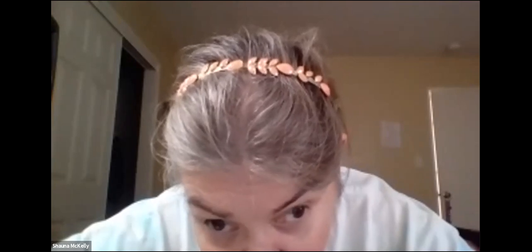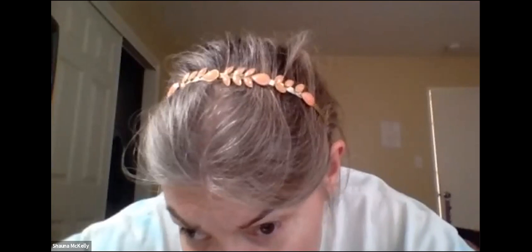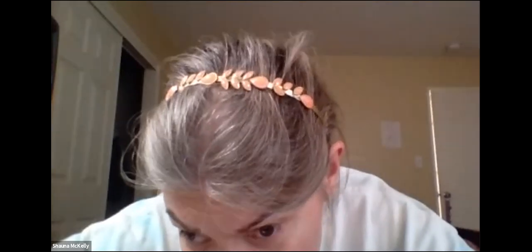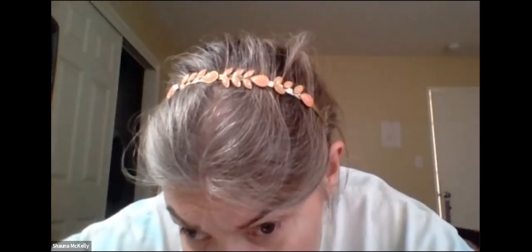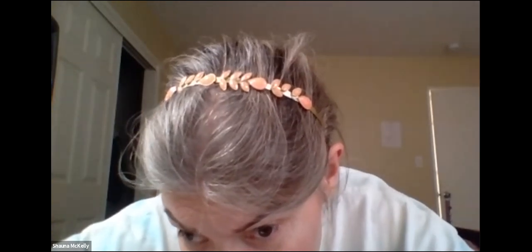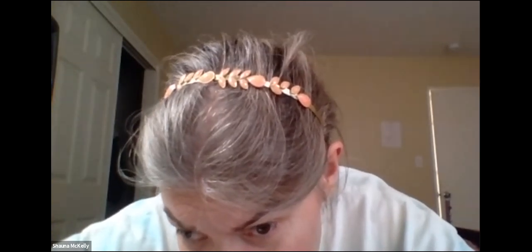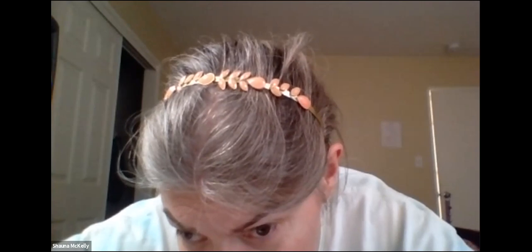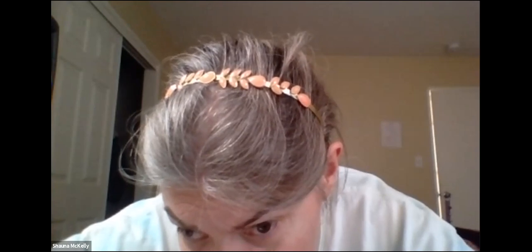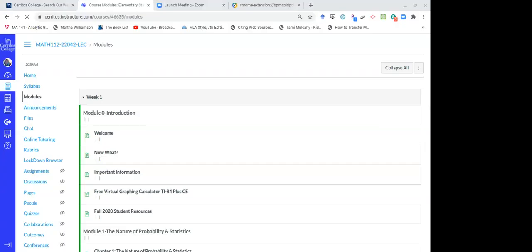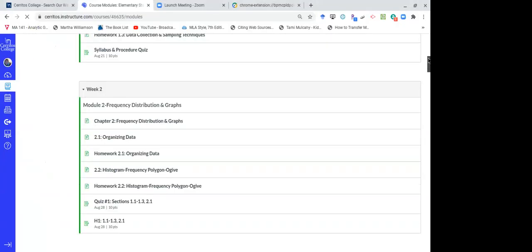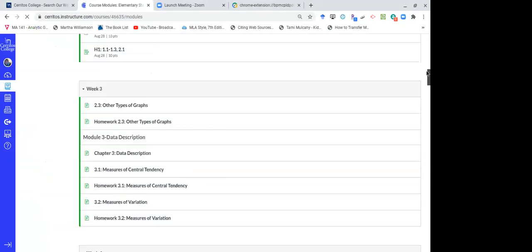So I'm going to, since it doesn't want to open right here, I'm going to share my screen and show it to you on Canvas. Hold on. I'm going to show you. So this is very familiar. Seen it before.